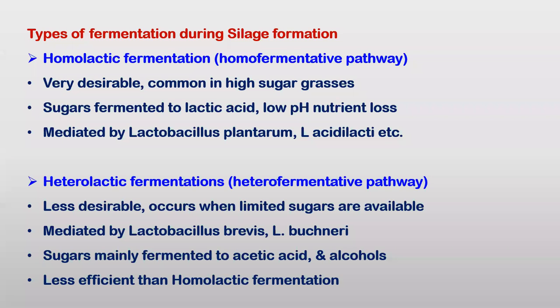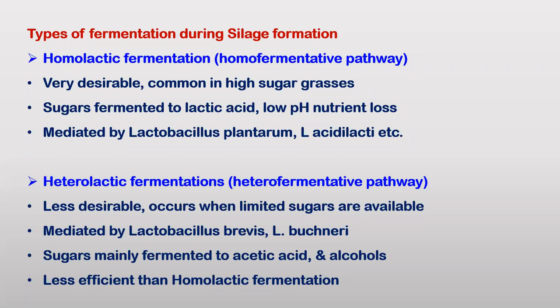So the type of fermentation, I will come to that point only what you asked. During silage formation, generally three types of fermentation process take place: homolactic or homofermentative pathway, heterofermentative pathway, and secondary fermentation, which is not desirable for silage making.